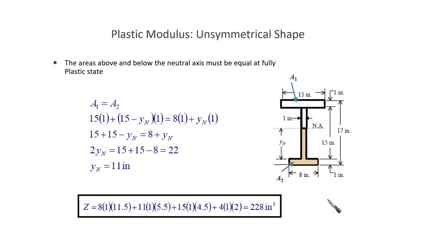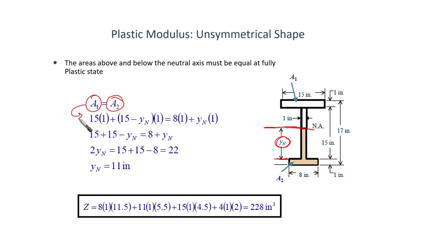So in this case, we are going to equate A1 and A2, but we are going to assume one parameter that is unknown for us, which is YN, the distance from the top of the bottom flange to the neutral axis, which we do not know where it is. We are just going to assume it YN and develop everything based on this.